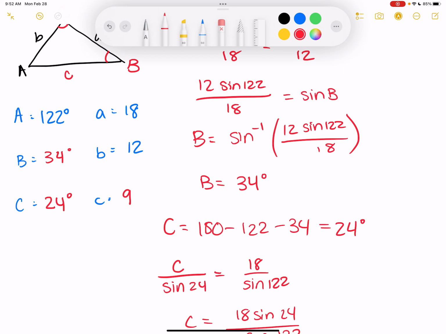What do you notice about this angle? 122. And how about this side? Also an even number? Okay. What's true about 18 in comparison to 12 and 9? Oh, they're all factors. No. I mean, 3 can go into all of them. No. In terms of size.